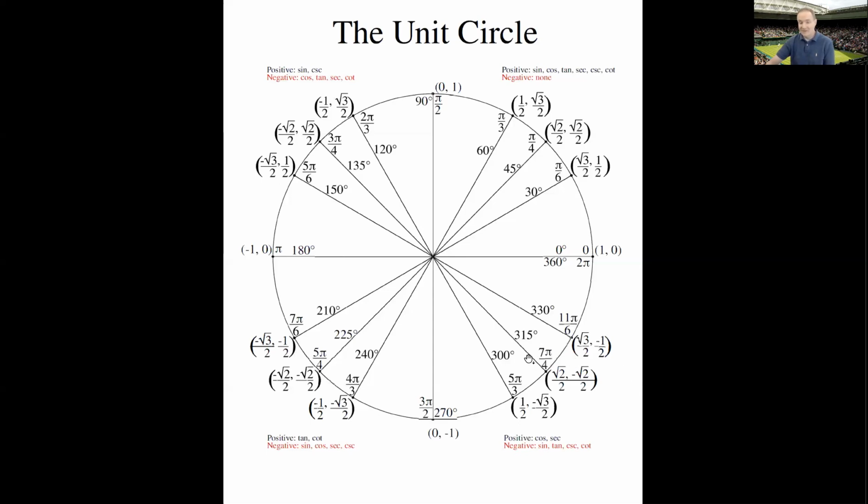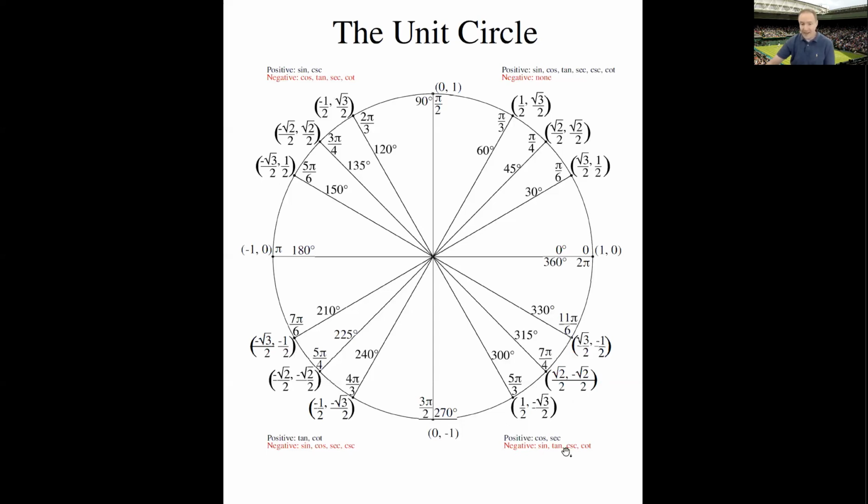And finally, at 7 pi over 4, one pi over 4 short of a full revolution. Remember, a full revolution, 2 pi, is the same thing as 8 pi over 4. So this is 1 pi over 4 less than that. It's 7 pi over 4. And at this angle, the x and y components still are the square root of 2 over 2, but the y component is moving down, so it's a negative square root of 2 over 2.